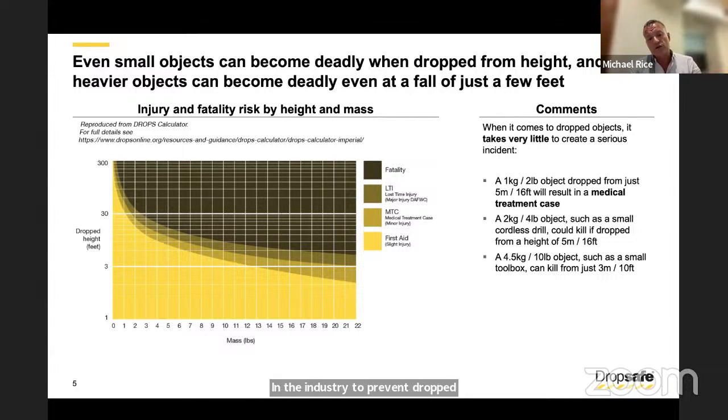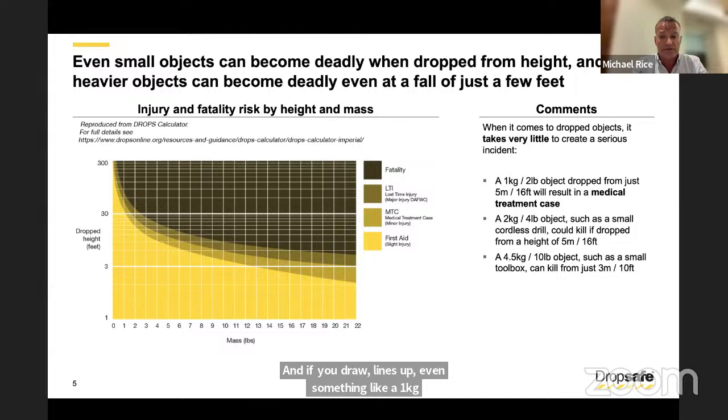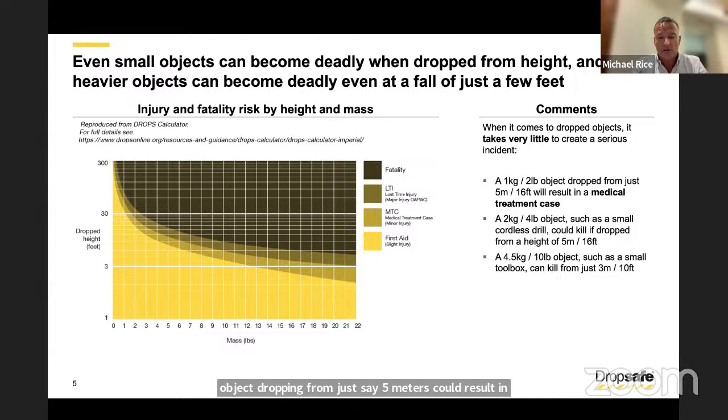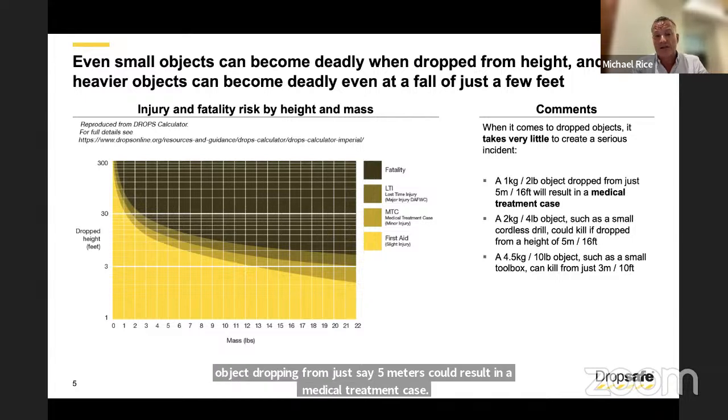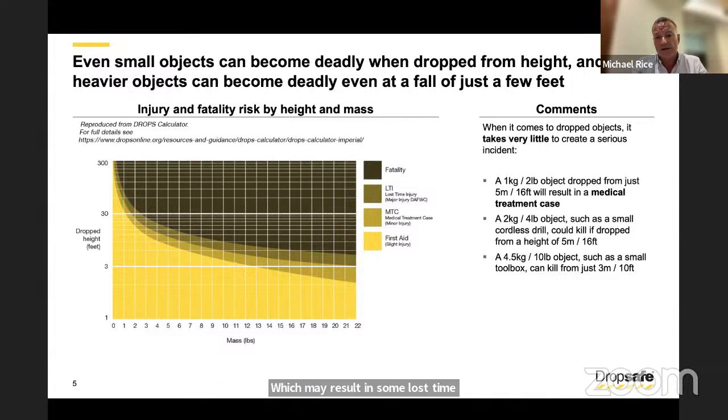If you look at the graph on the left, it shows the drop height on the vertical axis and the mass of the object falling on the horizontal axis. And if you draw lines up, even something like a 1 kilogram object dropping from just, say, 5 meters could result in a medical treatment case, which may result in some lost time injury or even some extensive reporting to close out that case.